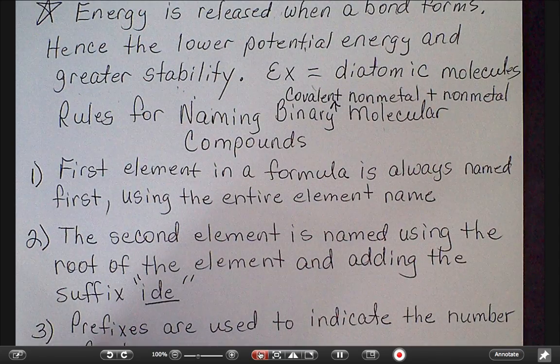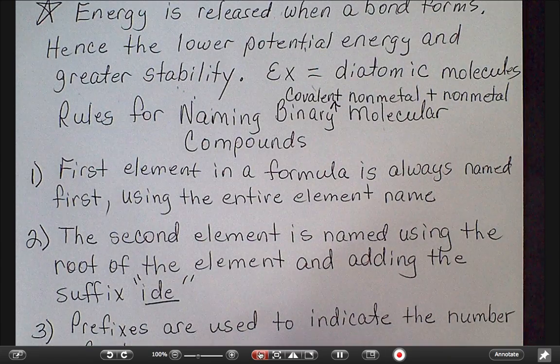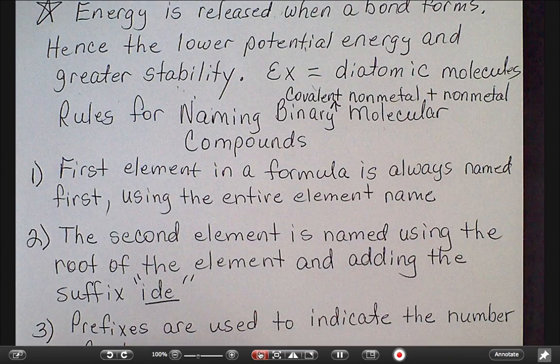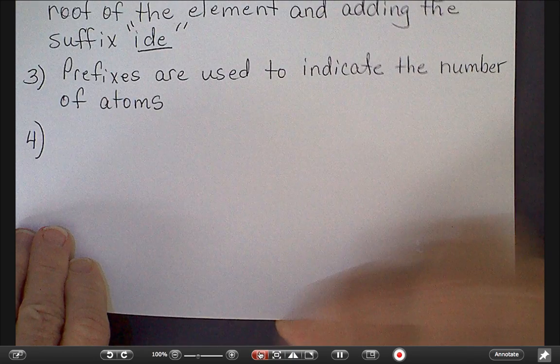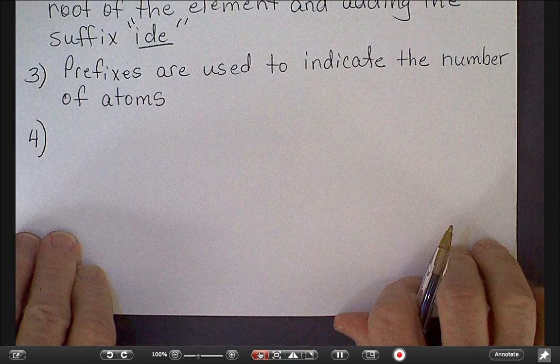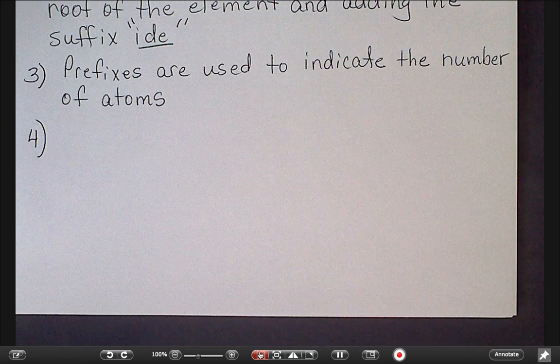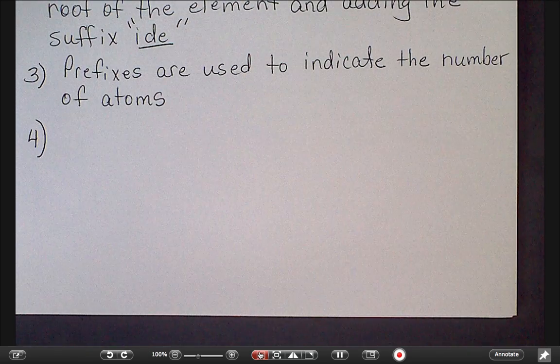All right, and from these prefixes, let me see how I'm going to do this.